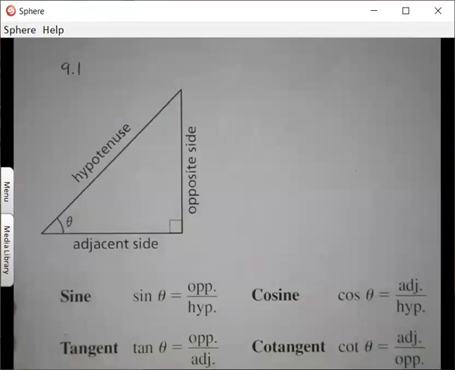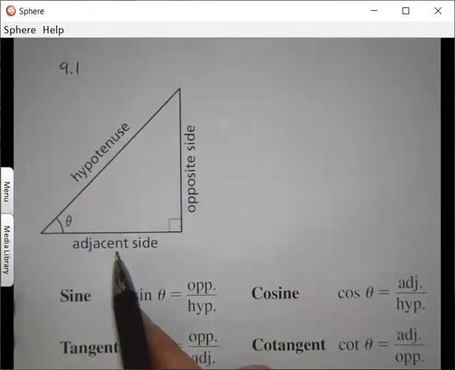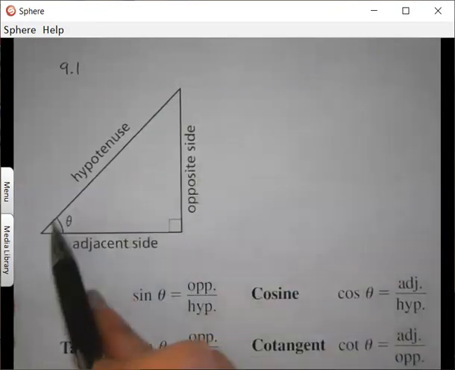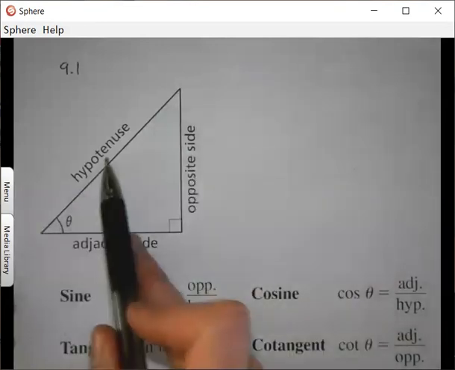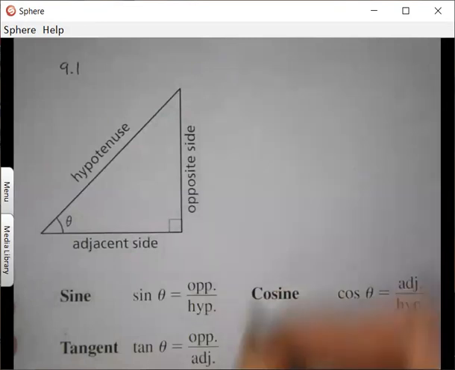And then relative to that angle, you'll have a side that is adjacent or next to, a side that is opposite, and the side that is always the hypotenuse. Hypotenuse is always across from the right angle. So adjacent and opposite do depend on the angle you're talking about.